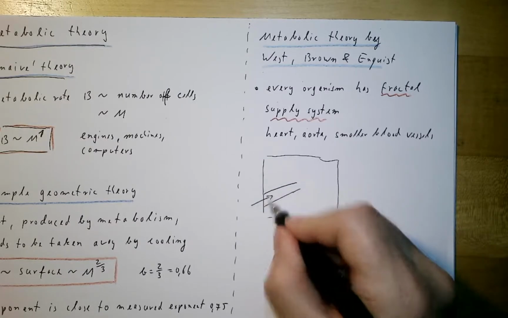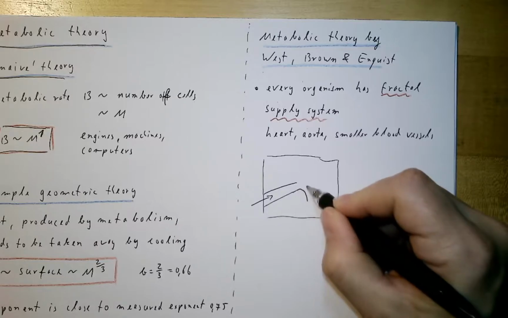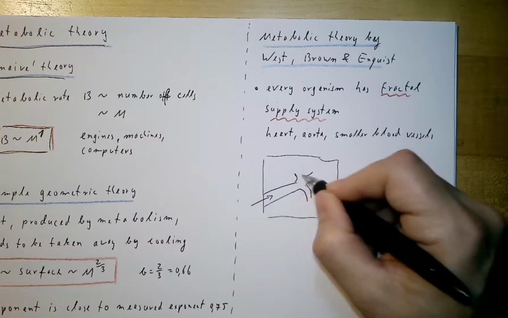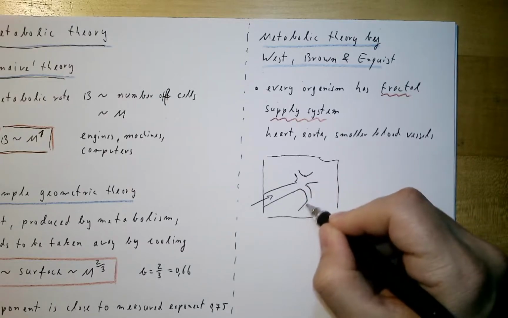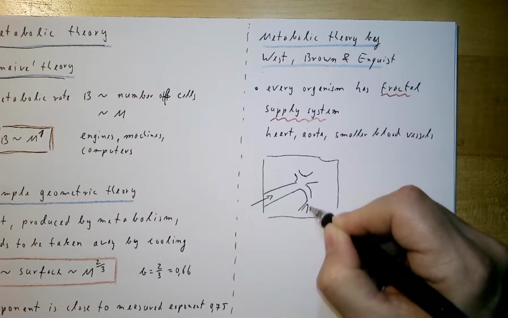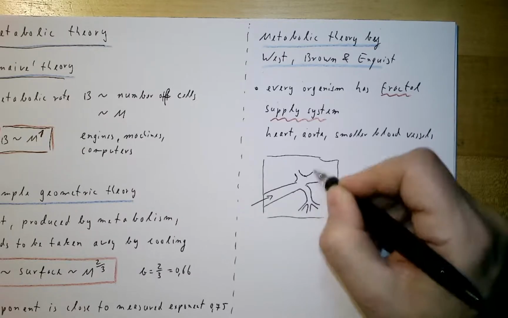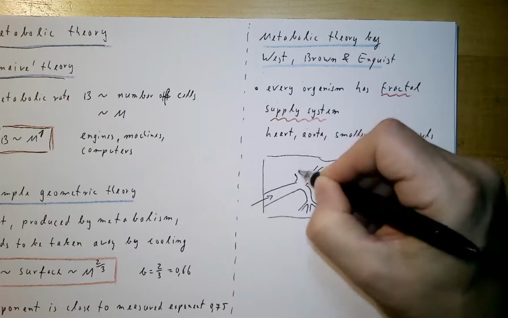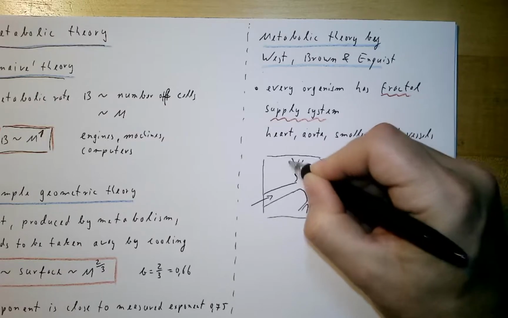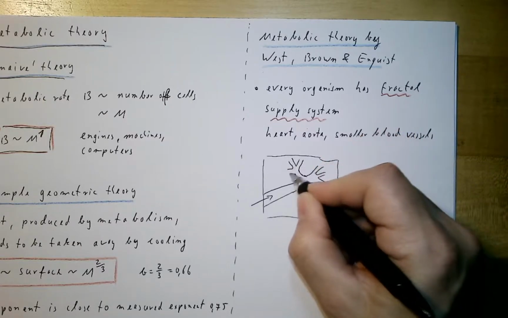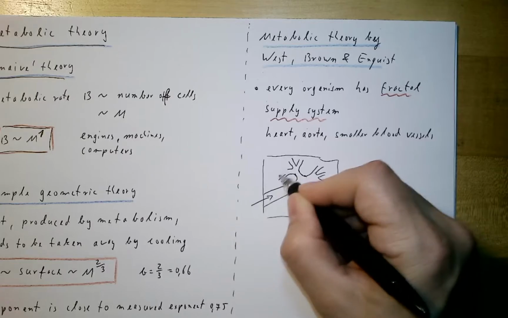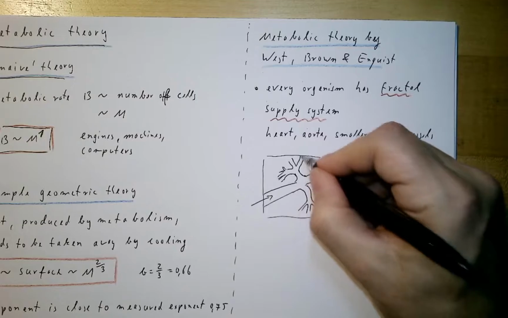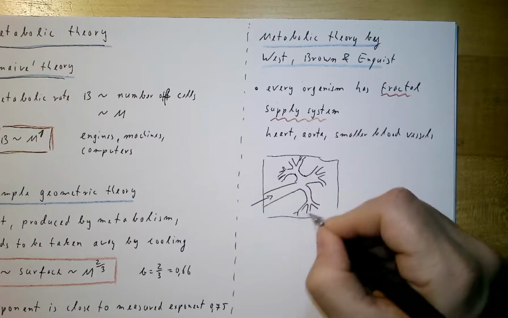So here the blood is coming from the heart, and now this needs to branch in smaller vessels, and these smaller vessels have to branch in again smaller vessels, and these smaller vessels again branch in smaller ones.